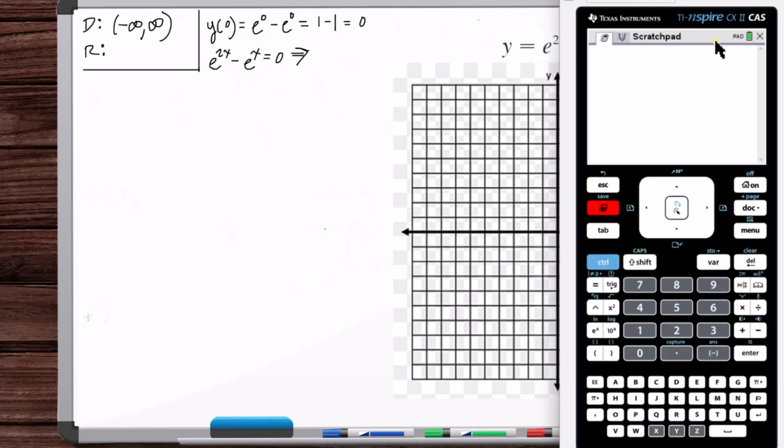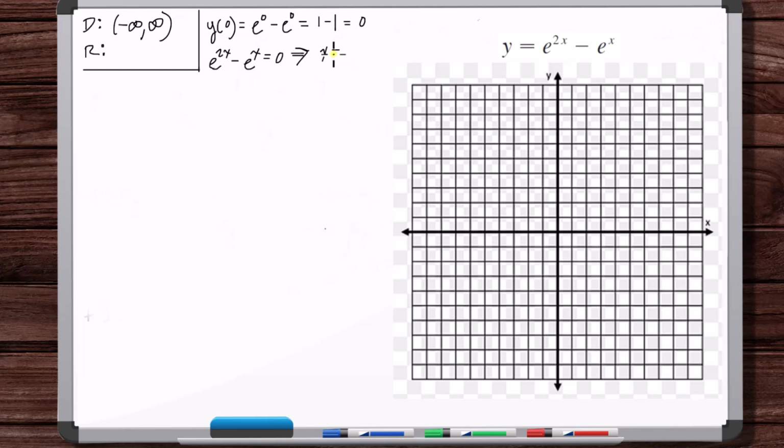Okay, so e to the 2x minus e to the x, we set that equal to 0 and solve for x. x is equal to 0 is the only intercept, x or y.